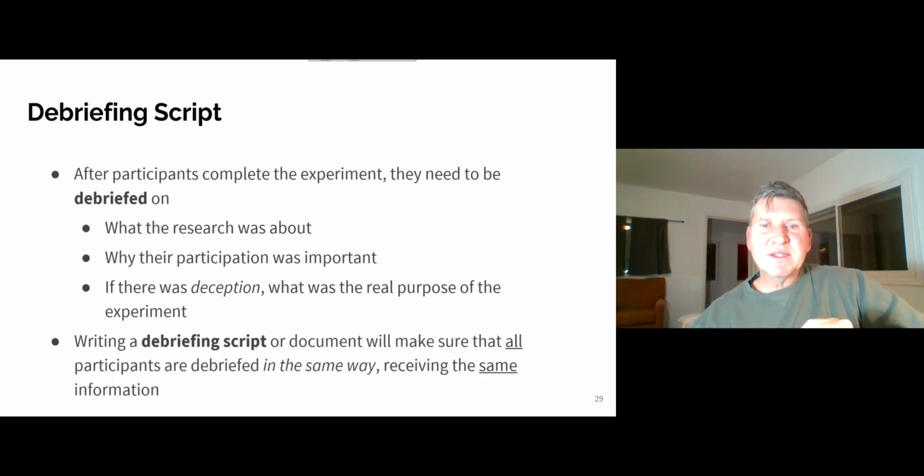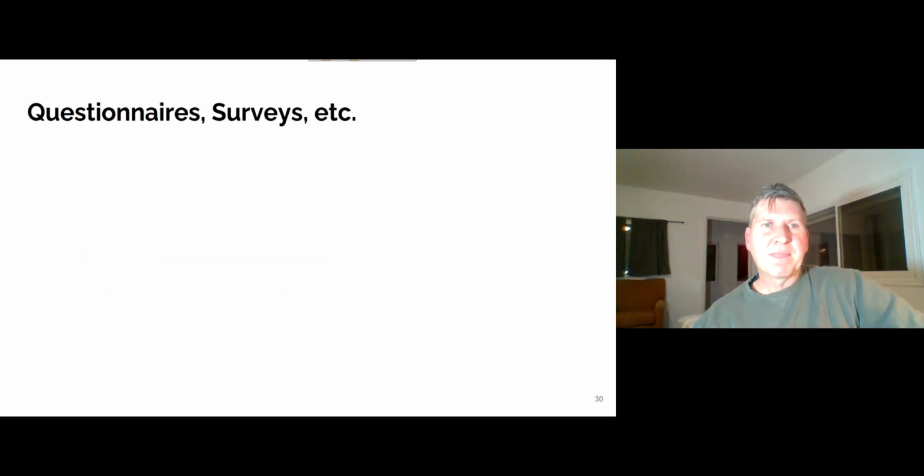The debriefing script or document needs to make sure that all participants are given the same information, and that they're debriefed in the same way. And remember, this is one thing that the Milgram experiment didn't do. That's why it's important to have this, because you don't want long-term consequences for your participants in the study.